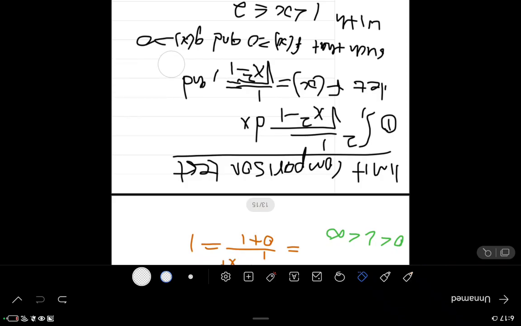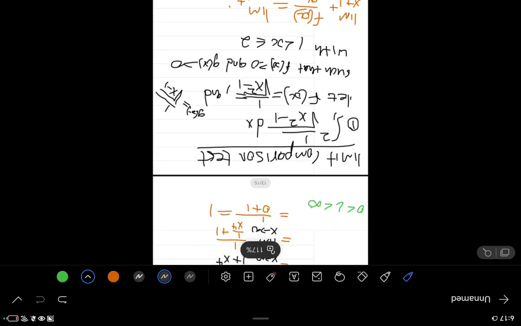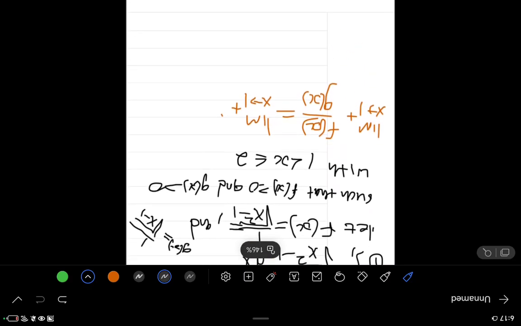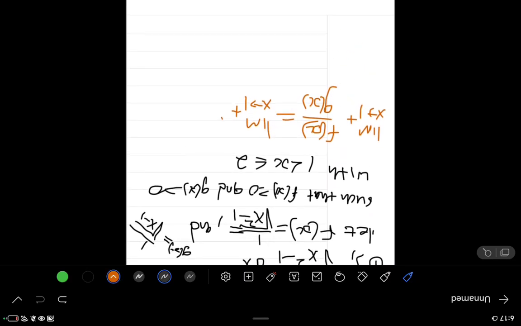I'll say that g of x will be equal to 1 over the root of x minus 1. So I can just reduce the x squared and make it like this. That's fine, because if I take it like that, it won't work. 1 over the root of x squared minus 1 over 1 over root of x minus 1. So let's try this one.